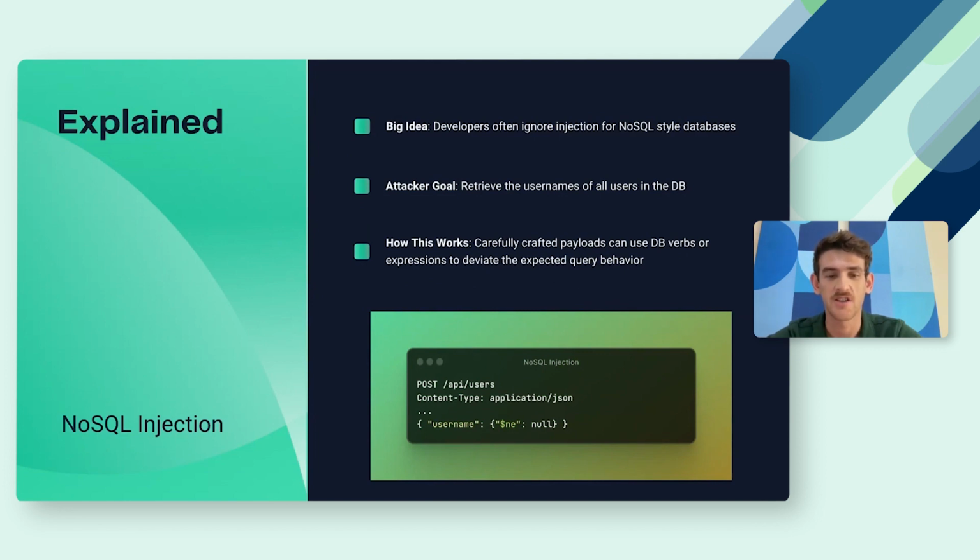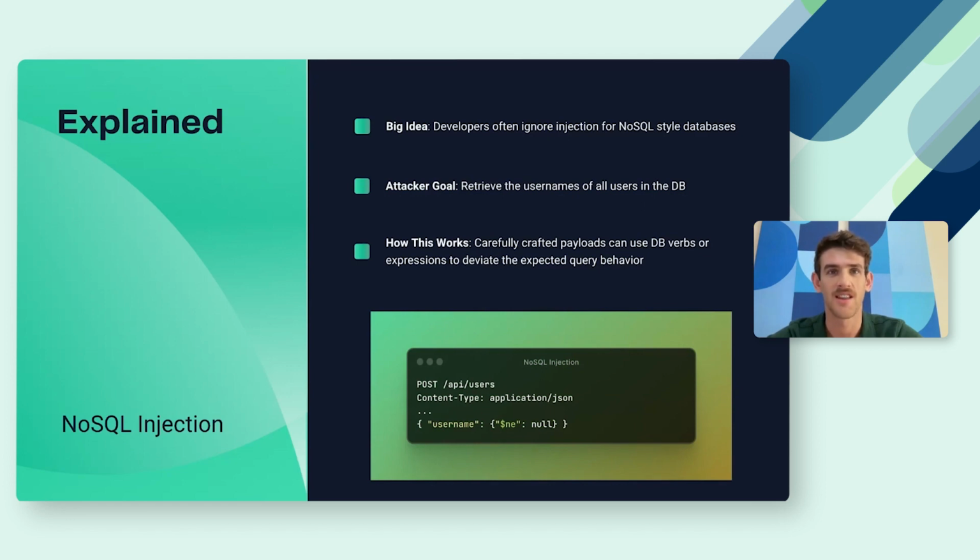An attacker, just like with traditional SQL, might be trying to essentially execute a query to retrieve all the usernames of a database as opposed to just what they're supposed to access, which might be their own username. The way it works is that a user can potentially craft a payload that uses built-in verbs or expressions to deviate from the desired behavior.